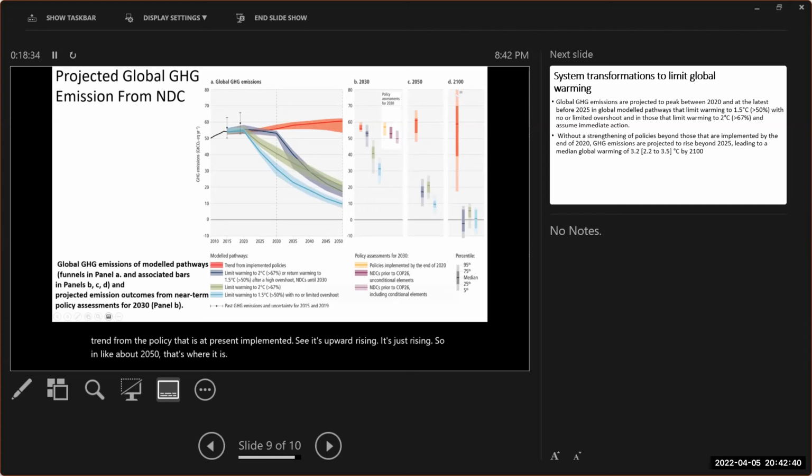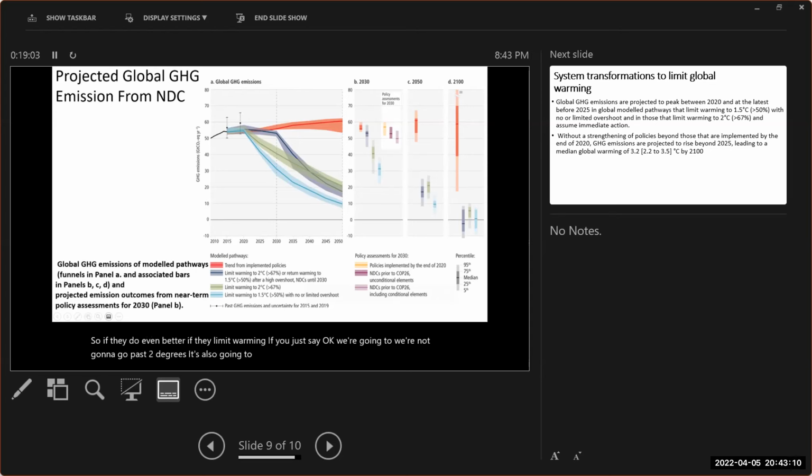But now they're saying if the whole world put in place some mitigation factor that limits warming to 2 degrees, that's where the graph is going to be. It's going to fall about 2030. So if they do even better, if you just say, okay, we're not going to go past 2 degrees, it's also going to help.